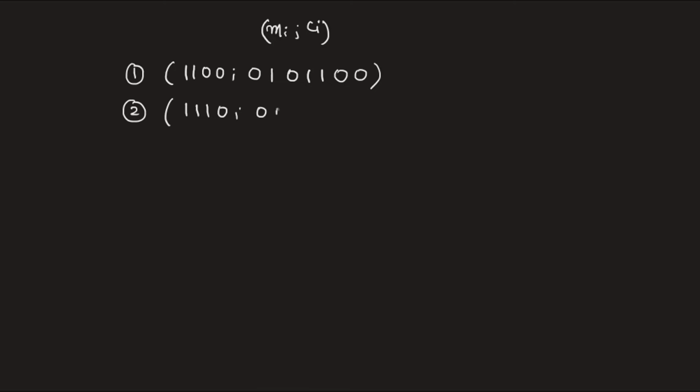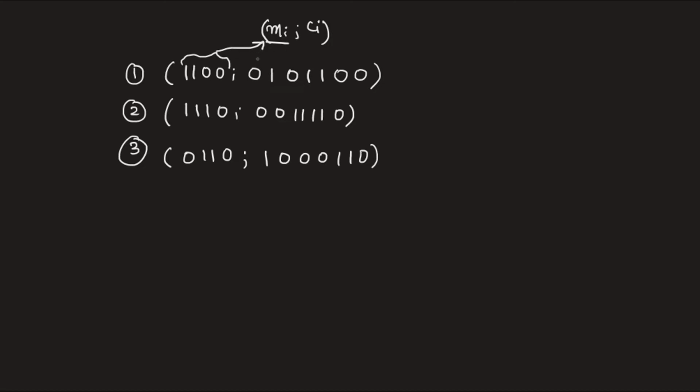It is given that the code is of the form (Mi, Ci). So we take the given codes and try identifying the message bits and the parity bits. These first 4 bits are the message bits, and these bits are the code words.